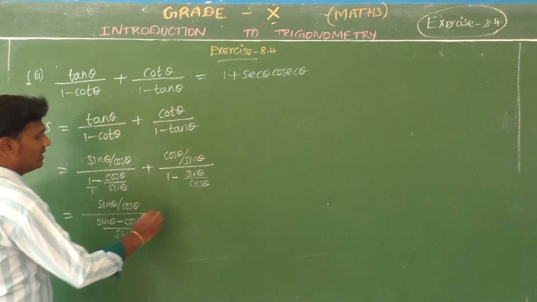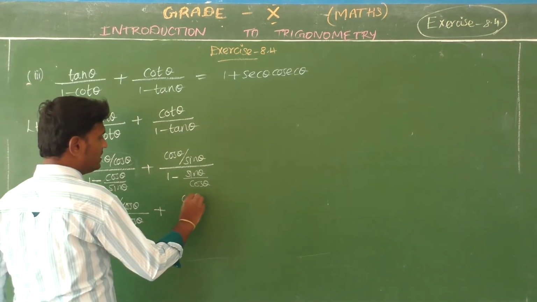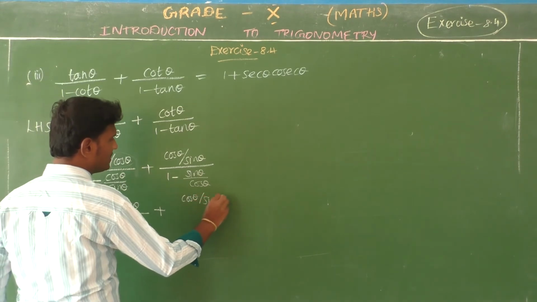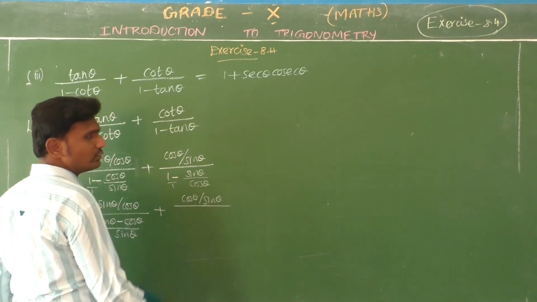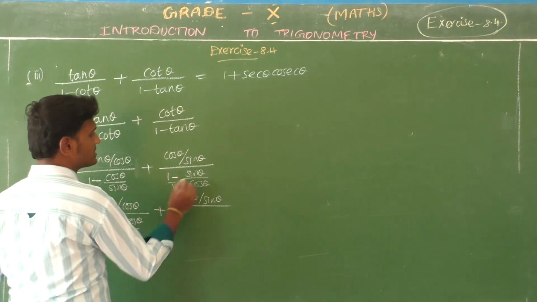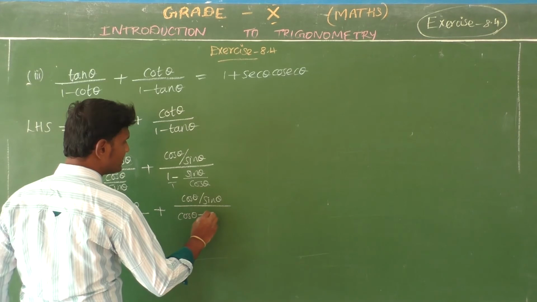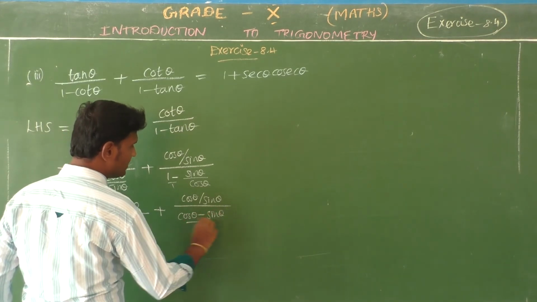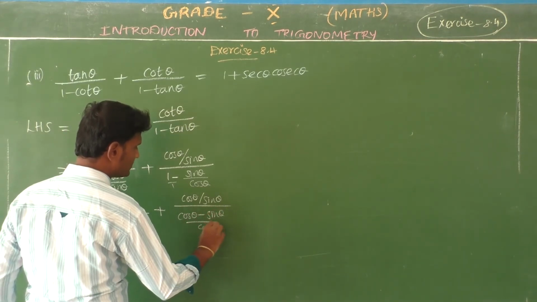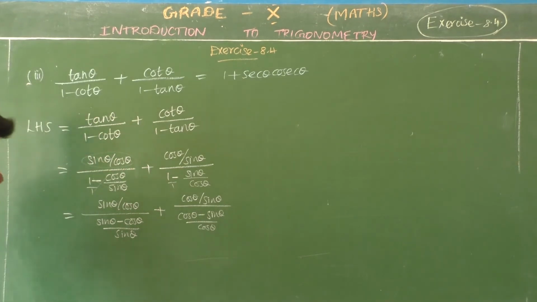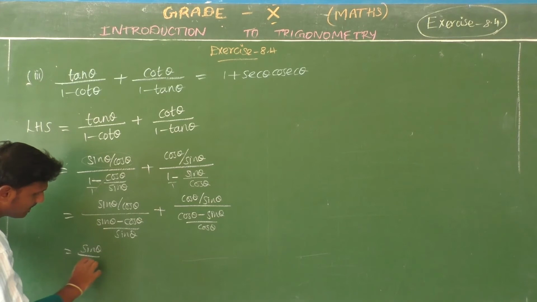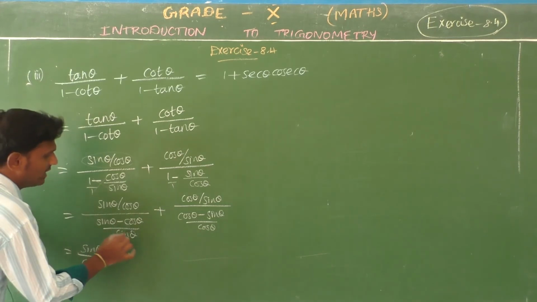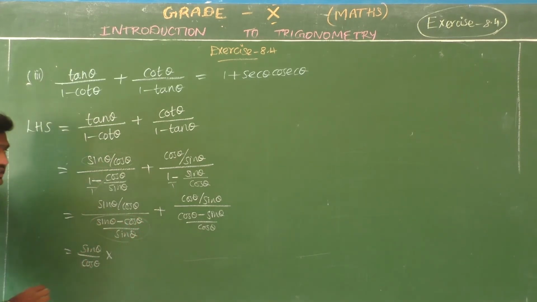Then plus cos theta by sin theta, the whole divided by, here also you do cross multiplication: cos theta minus sin theta by cos theta. Now sin theta by cos theta into sin theta minus cos theta by sin theta, I am going to take the reciprocal.